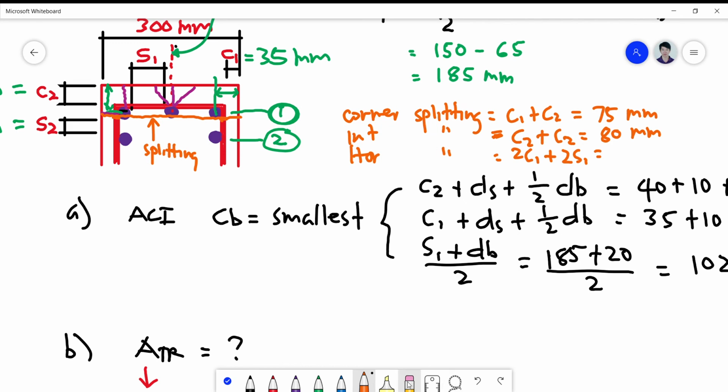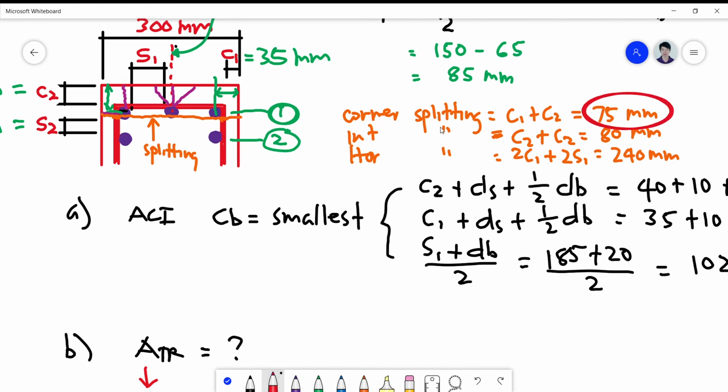This is only 85 millimeter. Okay, I'm sorry, this is 65. Okay, 85, I'm sorry. So 85 times 2 is 170 plus 70 is 240 millimeter. Okay, which is now the potential. So the lowest will prevail. So this is now your potential.